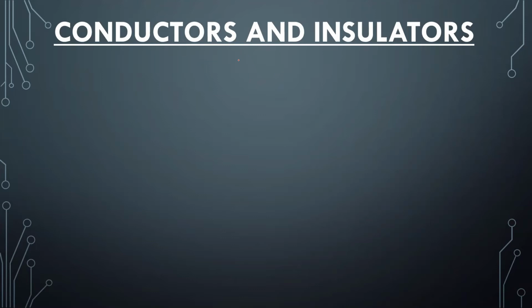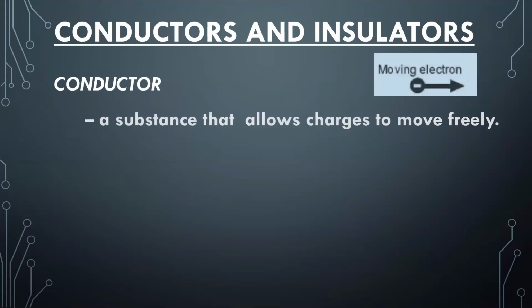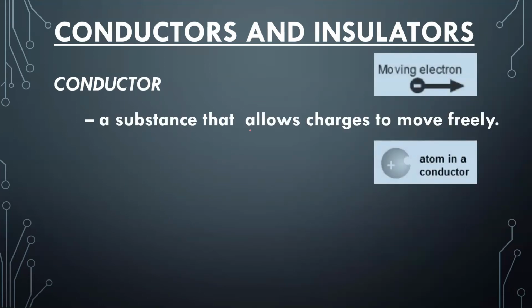So what is the difference between a conductor and an insulator? When we say conductor materials, these are materials that allow charges to move freely. Those subatomic particles with charges are allowed to flow in a conductor substance.